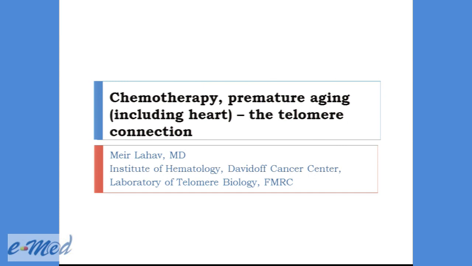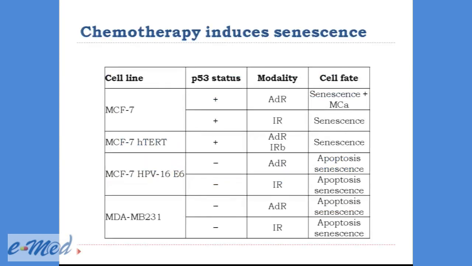I would like to present a relatively new general concept of chemotherapy-induced damage to the body, to the organs, and to the patients. To be more specific, a relatively recent realization that the main effect of chemotherapy is premature aging and senescence caused by the treatment.